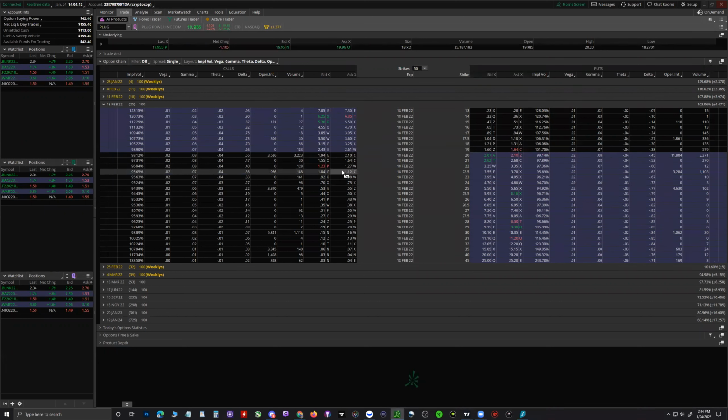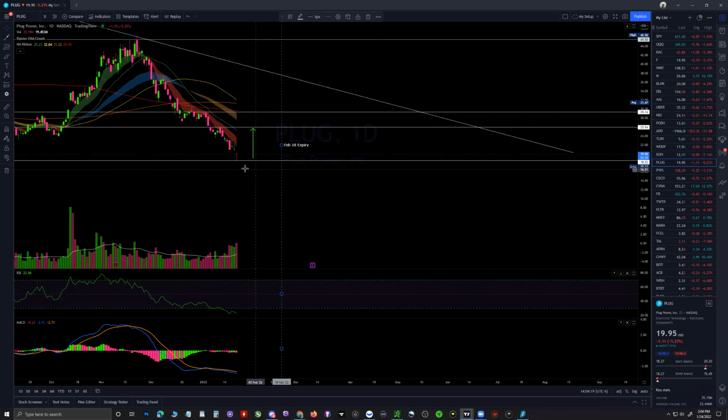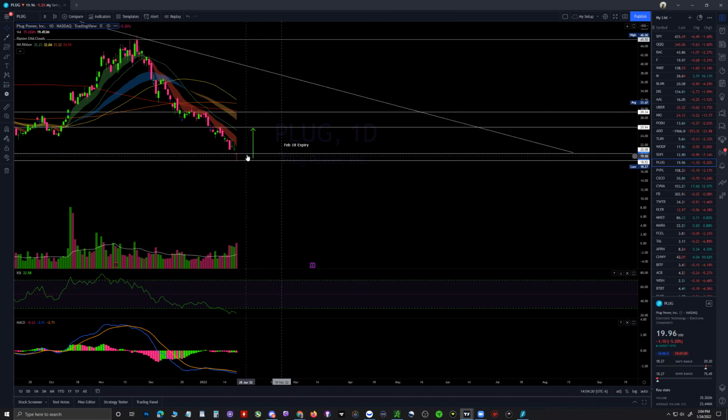That's not bad, but the difference here in price, look at the open interest on the $20. So $20, let me draw this line here and we'll make it dotted so that we can tell which one is actually our strike price line.